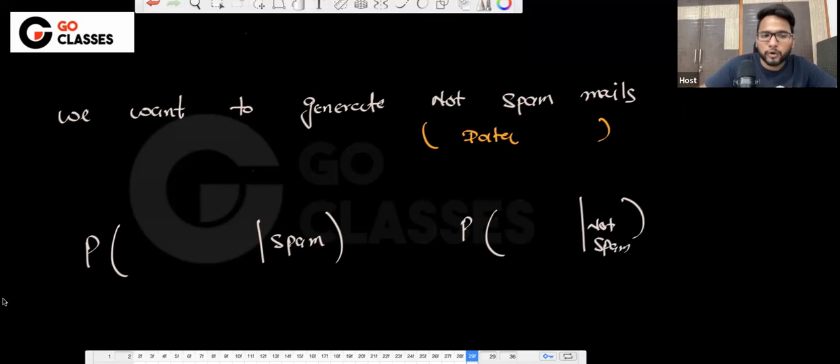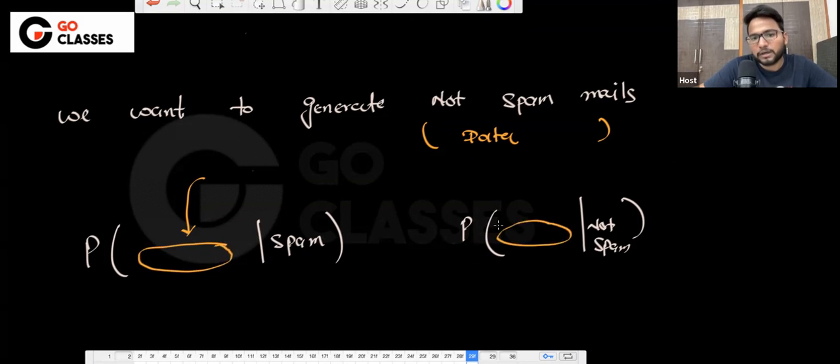Now you will try putting some values, some mail here. Some random words, you will be doing it. Obviously there are methods, but let's suppose you put some random words here, and then you put the same random words here. Then suppose that this probability is coming greater.